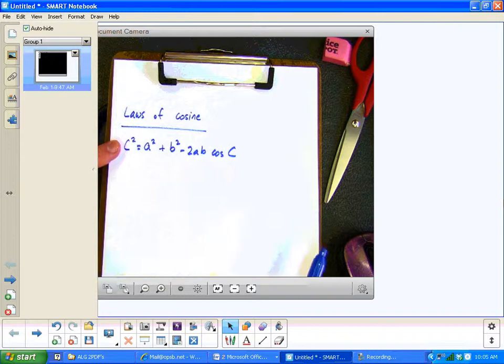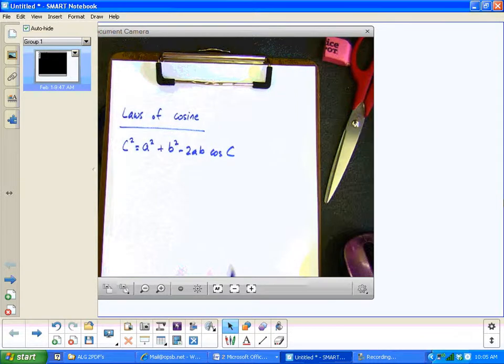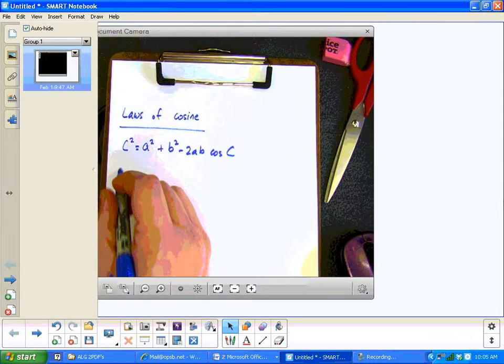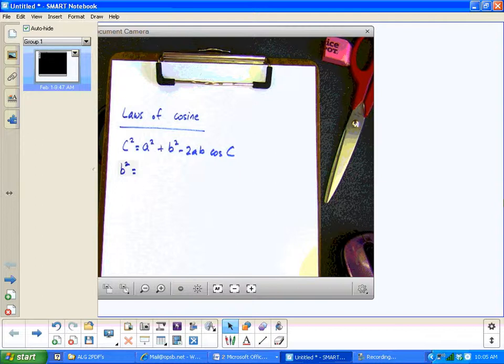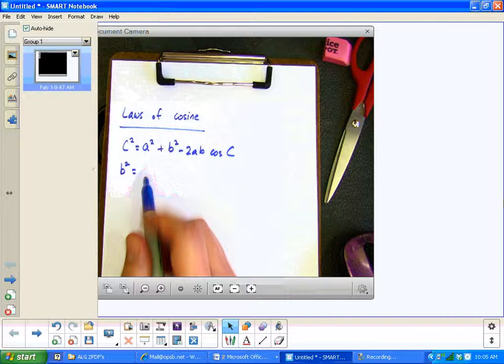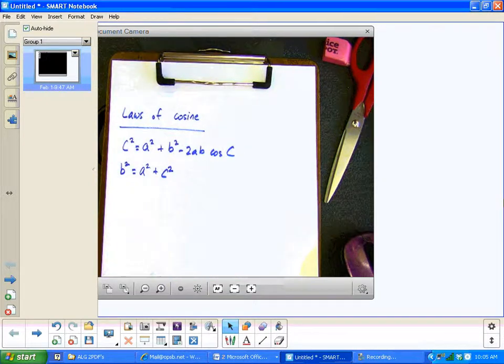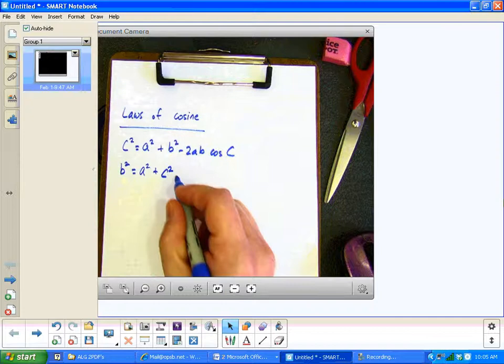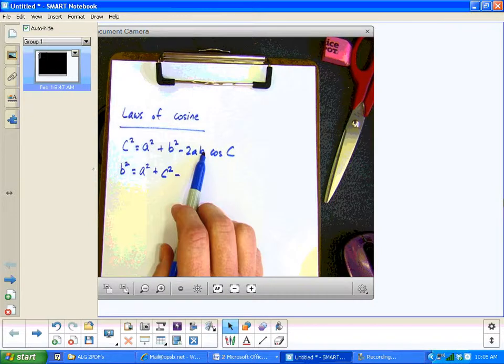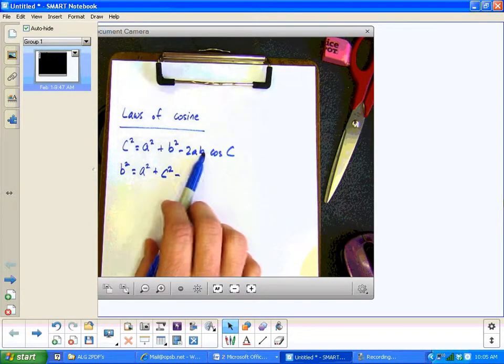Now, the other one is going to be with B and A. Okay, let's do the B one. Now, just follow the pattern. So if I say B squared on this side, then these two are going to be A squared plus C squared, the other two sides, right? Get the pattern. And instead of minus 2AB, like here, it'll be minus 2AC.